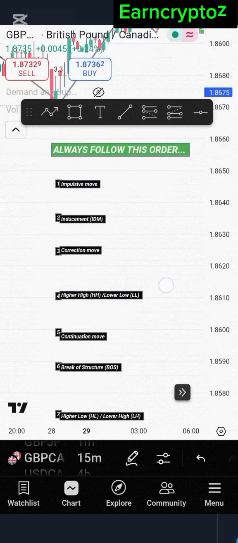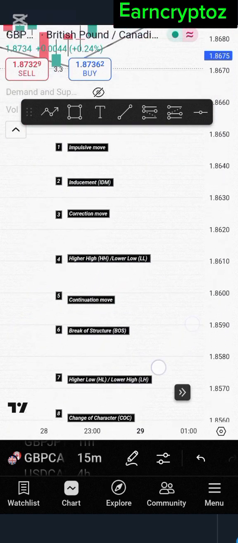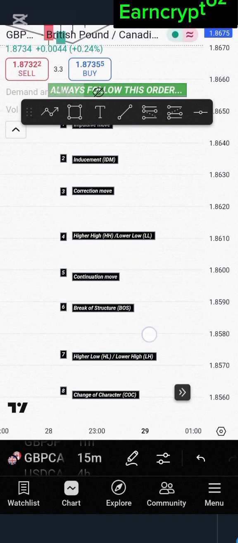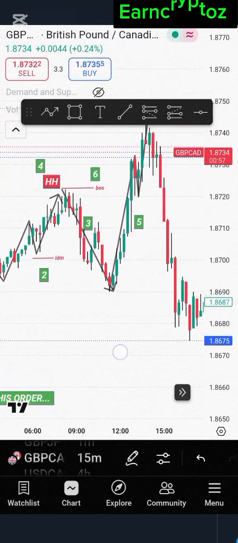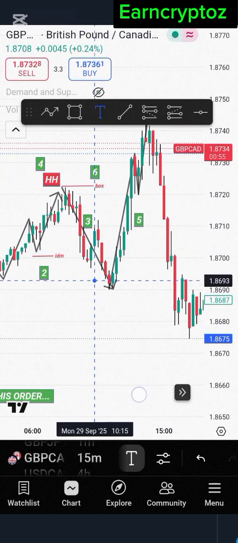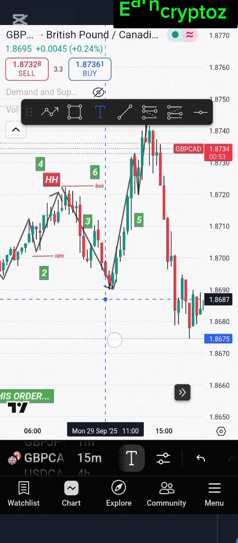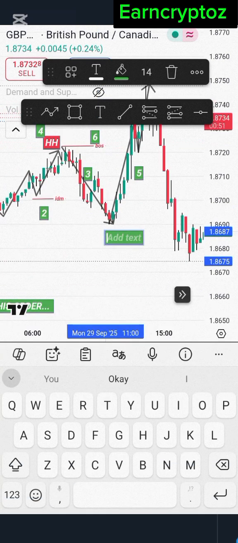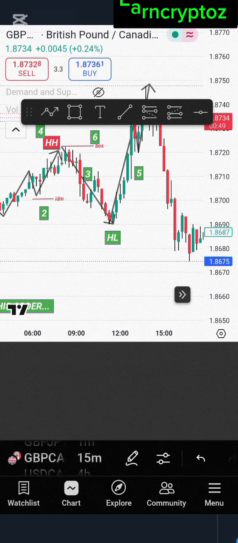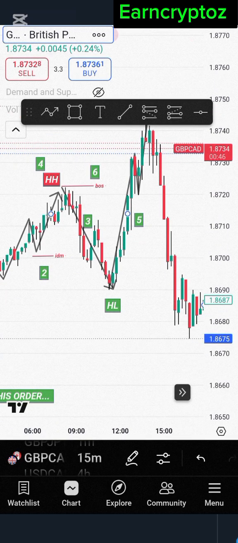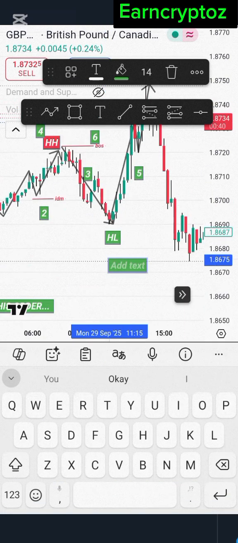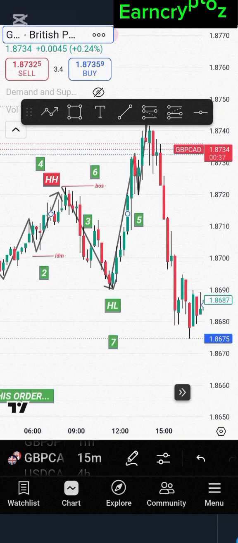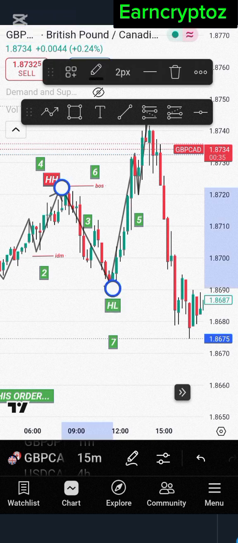That is higher low. Look at it. That's a higher low. If it is uptrend, it is higher low. And where is it? Down here, the bottom, that point where the correction move ended before the continuation move started. So that is number 7. That's number 7, the higher low.